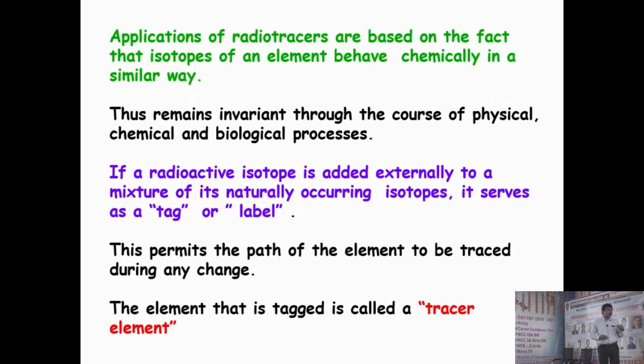Biological processes also depend on chemical nature, so we can see how it is migrating, how it is penetrating into the body. If a radioactive isotope is added externally to a mixture of its naturally occurring isotopes, it serves as a tag or a label, and this permits the path of the element to be traced during any change. The element that is tagged is called a tracer element.